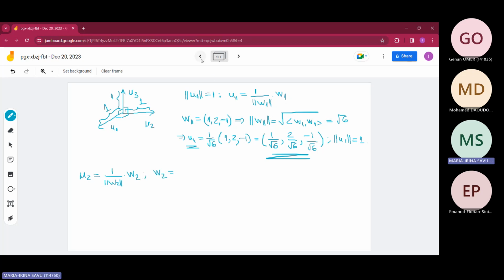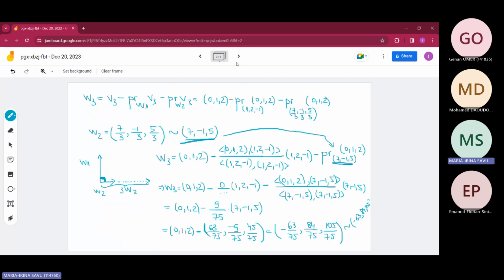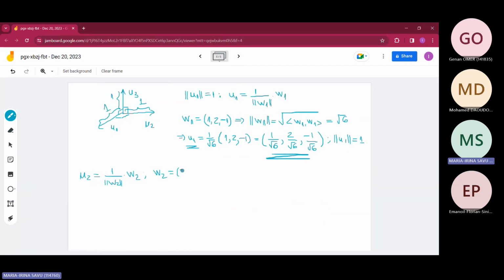For W2, let's use the one from the first method, 7, minus 1, 5. Its norm is the square root of 75.